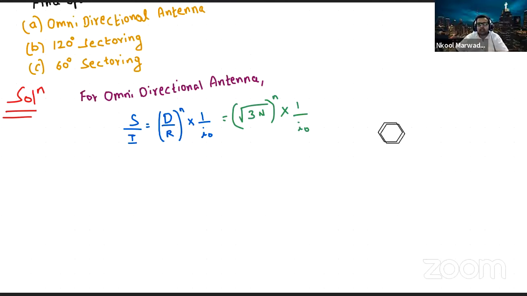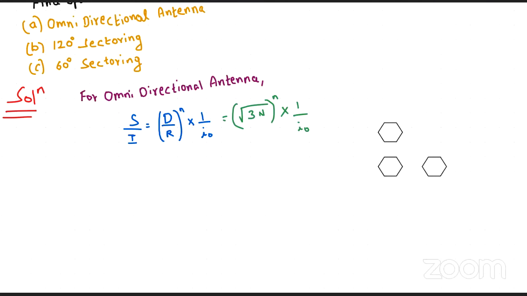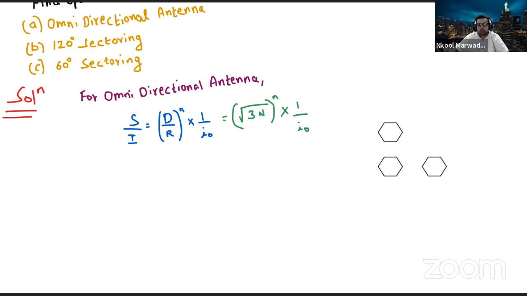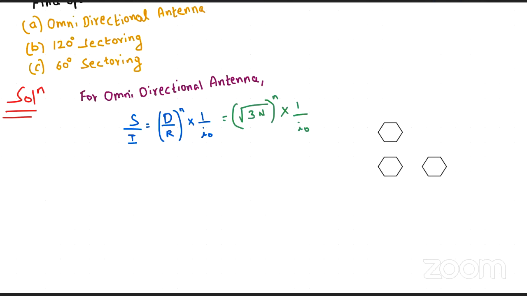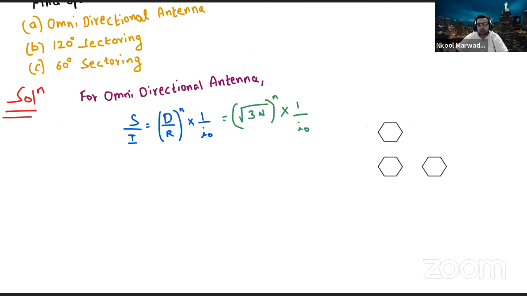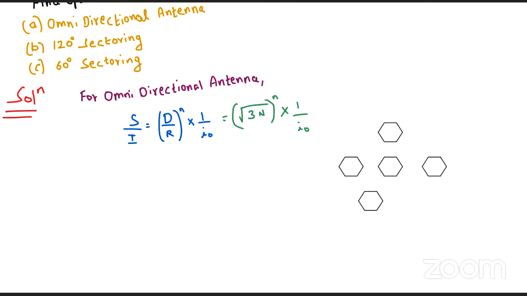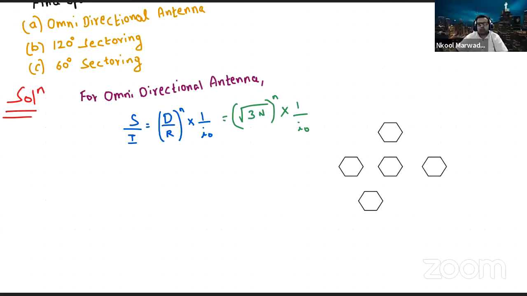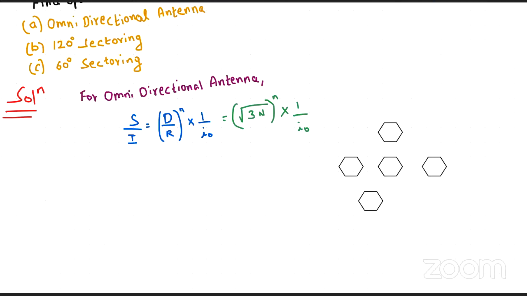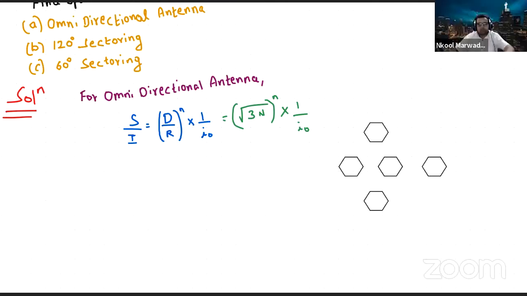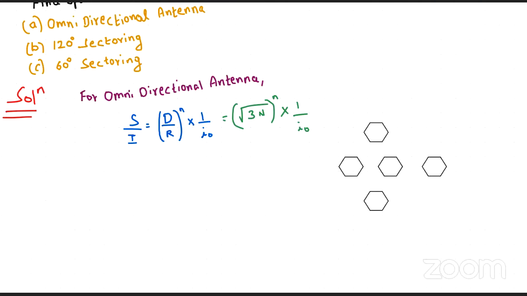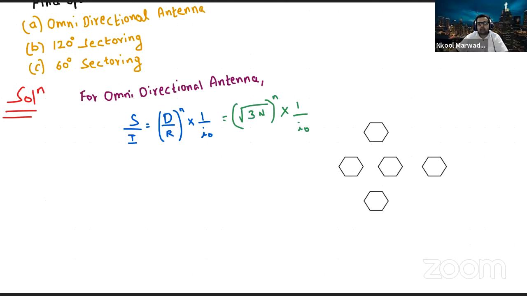Co-channels are the channels with the same frequency group. I will note it down. I know the formulas and all, but not the exact meaning. Without meaning it is useless, no? Because without meaning, how will you interpret the question? Yes, co-channels are cells or channels with the same frequency group.